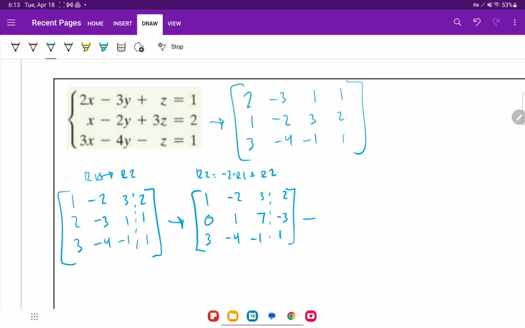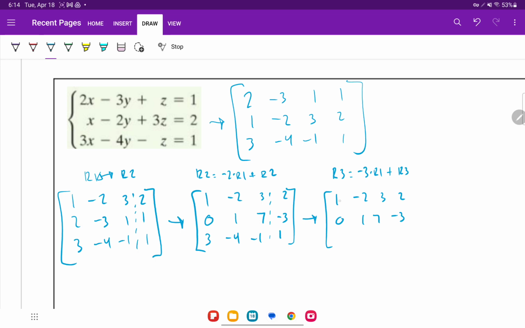So let's go ahead and go on to the next one. We want to get that 3 to be a 0. So row 3 is going to equal -3 times row 1 added to row 3. So we're not doing anything to row 1. We're not doing anything to row 2. Now we're going to multiply row 1 by -3 and add that to row 3.